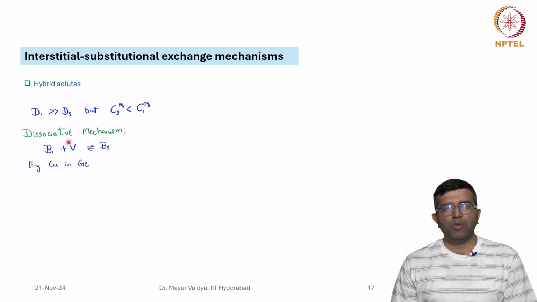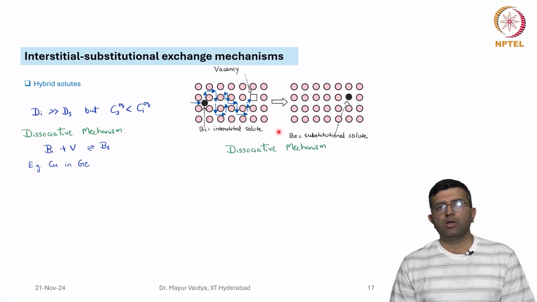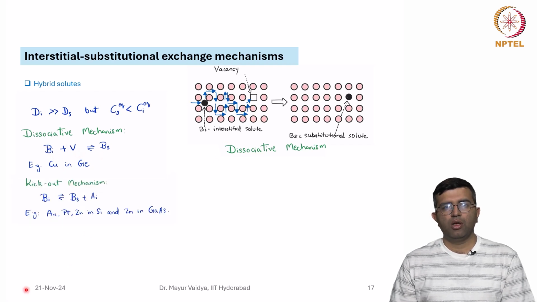So there are two types of mechanism: the dissociative mechanism, which is Bi plus V gives Bs, for example copper in germanium, which means that basically an interstitial occupies a position and exchanges a position with the vacancy. So this is known as the dissociative mechanism. You see that the interstitial solute is interacting with the vacancy here. And the kick-out mechanism is where Bi is equal to Bs plus Ai.